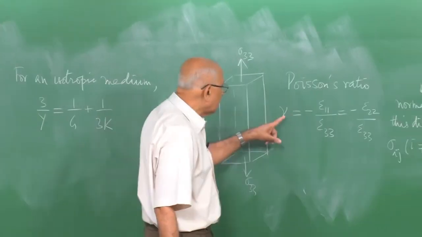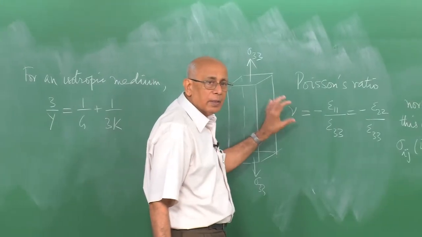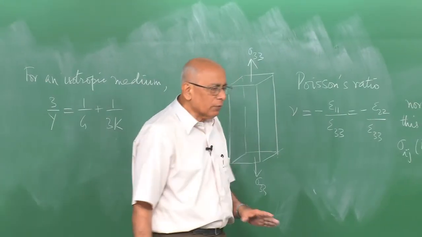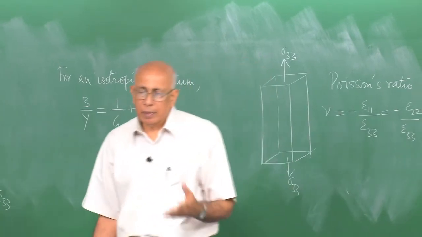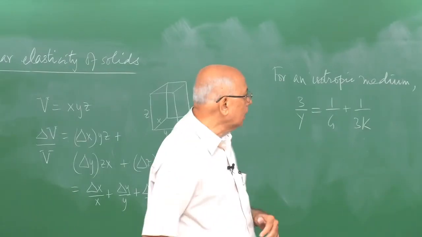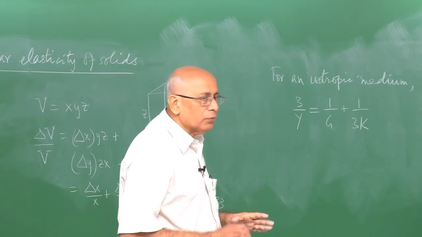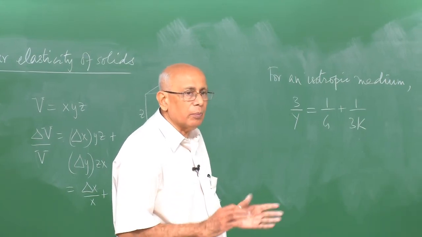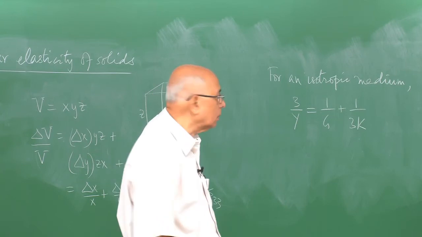But there's a very interesting limit on this ratio. It turns out that for most materials that you're familiar with, like metals, steel, copper, etc., Poisson's ratio is somewhere between 1/4 and 1/3, so between 0.25 and 0.3 or so in general.